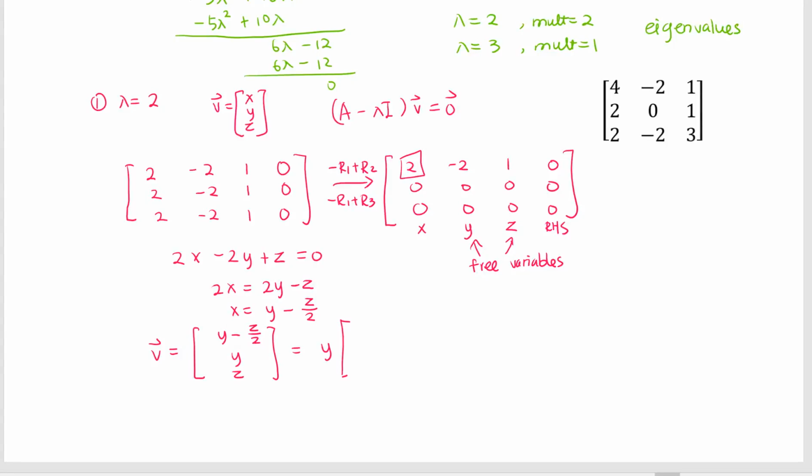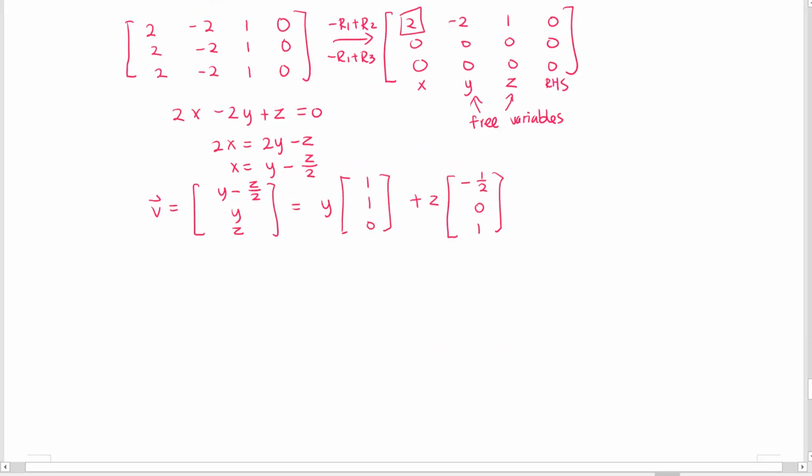That is 1, 1, 0. What is the coefficient of z? That is minus 1/2, 0, and 1. See, we have 2 eigenvectors. Okay, so these two are the eigenvectors.